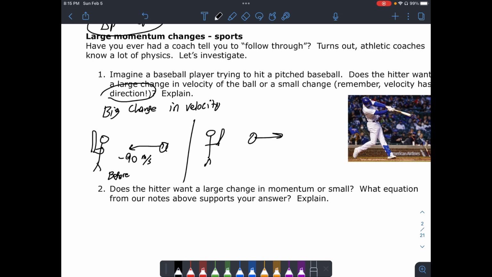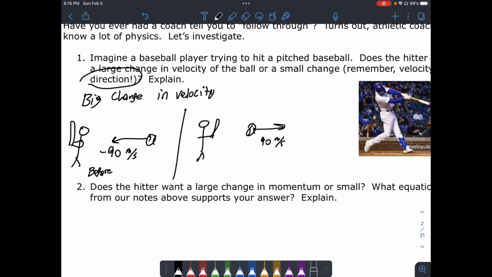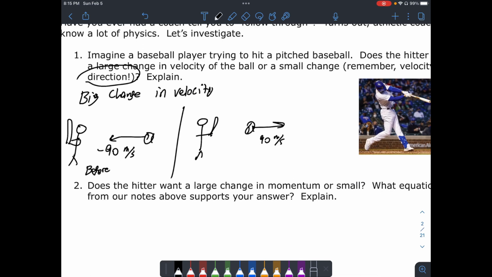But he needs to send it back. Let's just again say with the same velocity, but just in the other direction. And so, the term big or small is kind of relative, but I would call this a big change. We can see that our change in velocity, which is what we're being asked for.